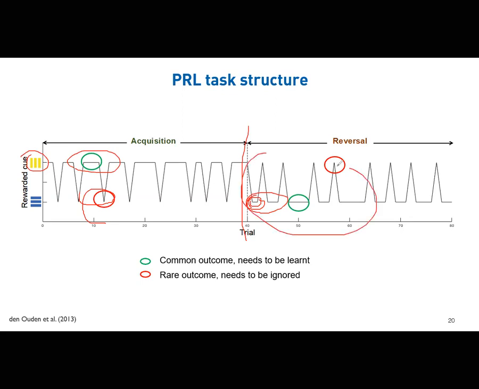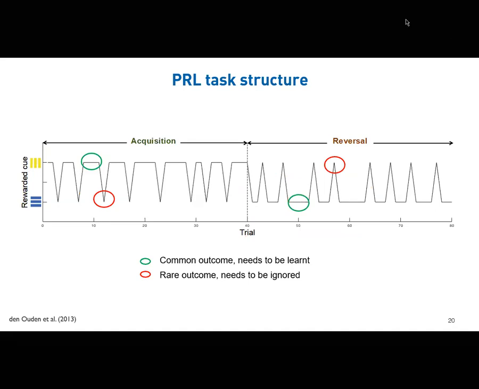This is also the point to analyze the difference between ASD and TD, to see if the ASD participants still insist on choosing the yellow option, because they might think, I chose yellow previously, and I still believe the yellow one is good, even though I see more and more often that the yellow one is giving negative feedback. I still choose it. This type of thinking is possible if the level of flexibility is impaired. Okay, good. I guess enough background, and we can go a little bit faster.